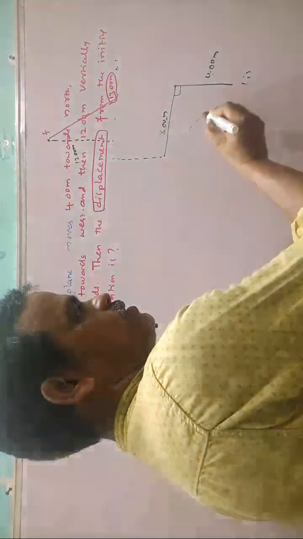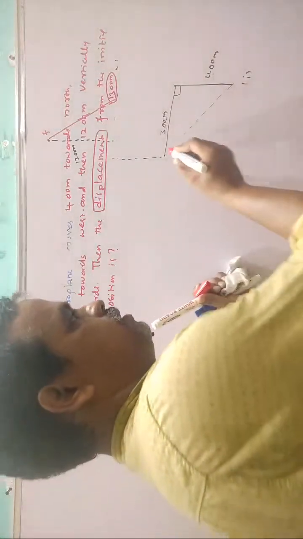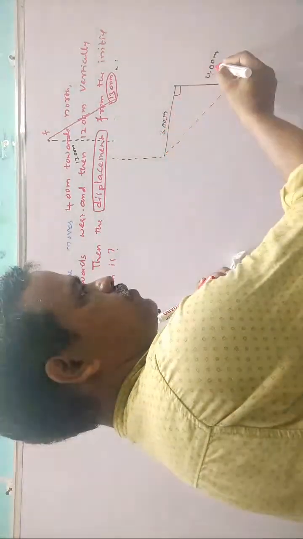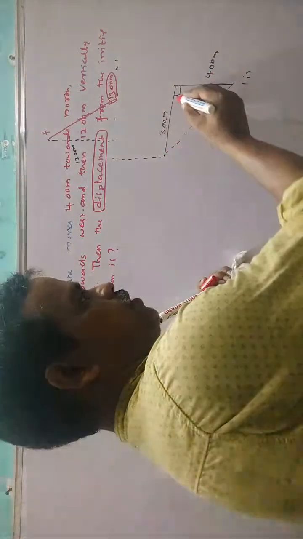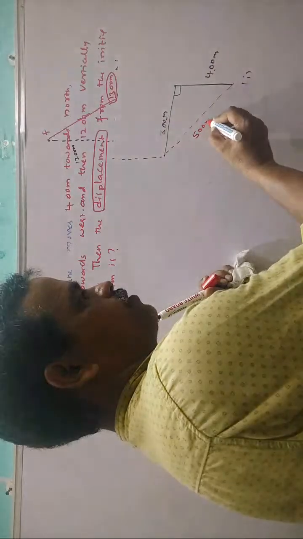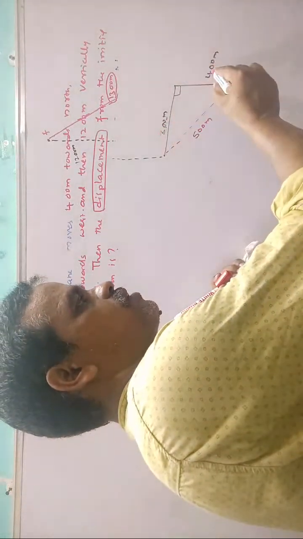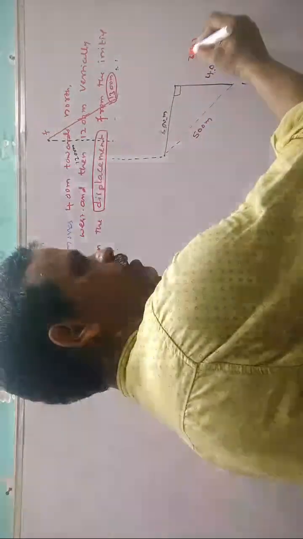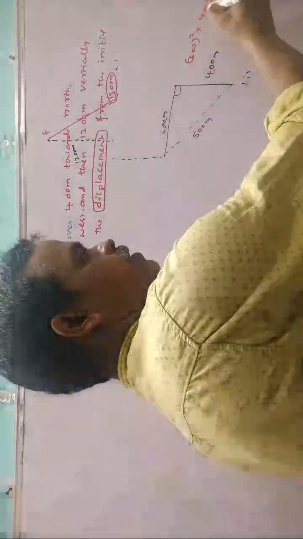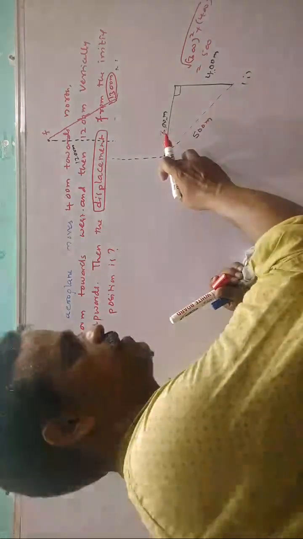You just close it. Here, this is 300, this is 400. So according to Pythagoras law, this 300, this 400, this will become 500 meter. How is it? 300 square plus 400 square, under root. Just calculate, you will get 500 meter. That's it. So this is 500.